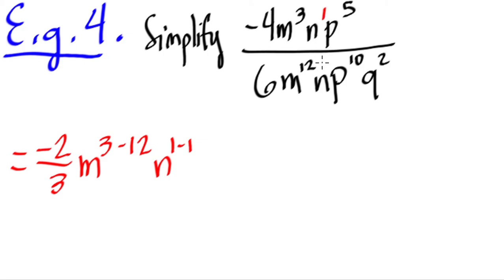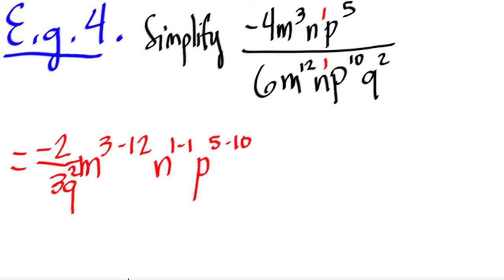This is 1 here, this is 1 also here. p raised to 5 minus 10. And then what we have is q. We don't have any q here, right? So it's going to stay in the denominator anyways. So let's just put it as 3q squared here, since we cannot do anything with a q anyways.